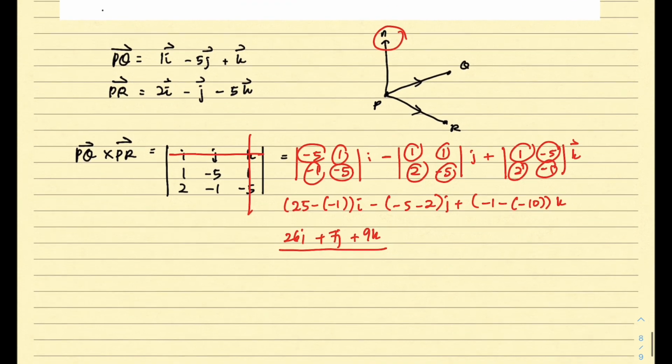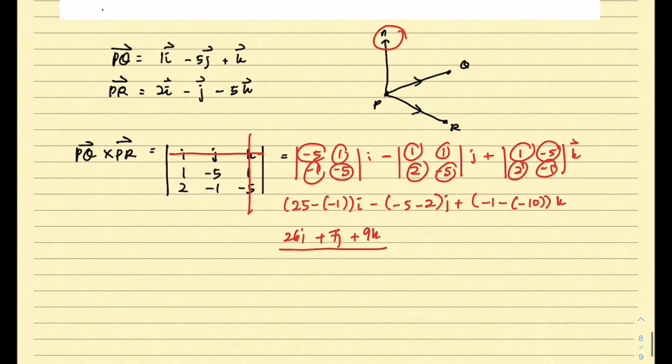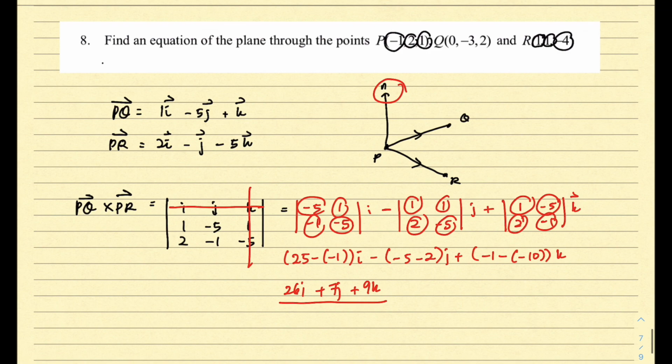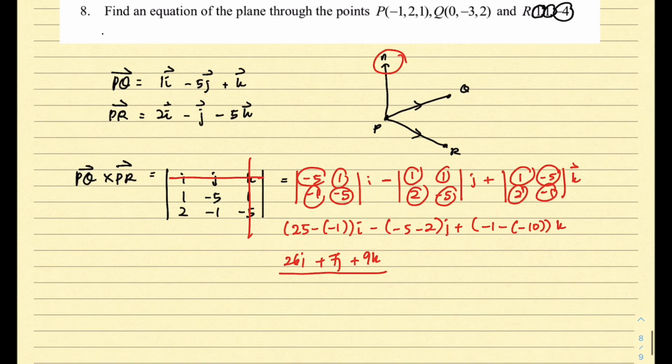So now we want to find the vector on the plane. You can take any point. Either point P, point Q, or point R is all correct. Let's say I am taking point P. So the vector on the plane will be x minus negative 1 for I, then y minus 2 for j, and z minus 1 for k.